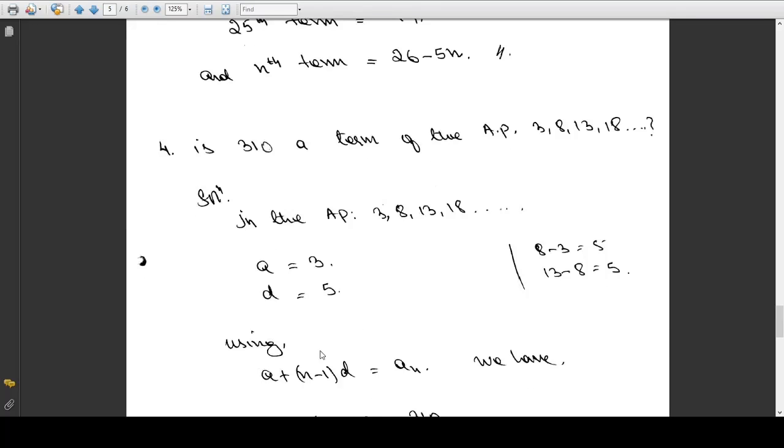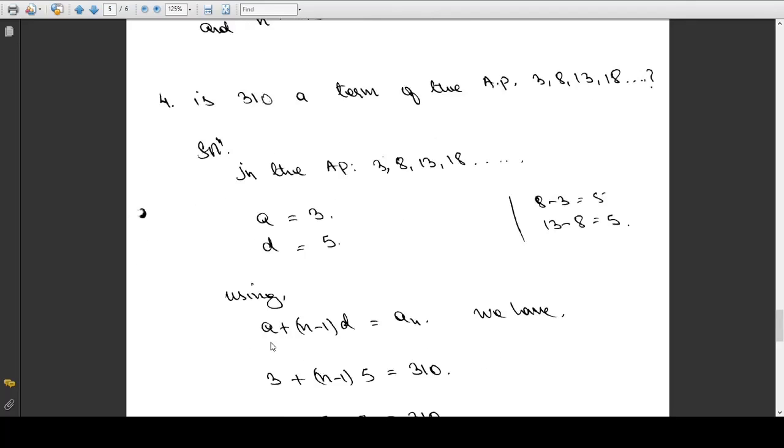Okay, now using again the same formula, a plus n minus 1 d is the nth term. Now for this nth term we'll substitute the value of 310, because 310 is the nth term that we have to find whether it is a term of the AP or not.